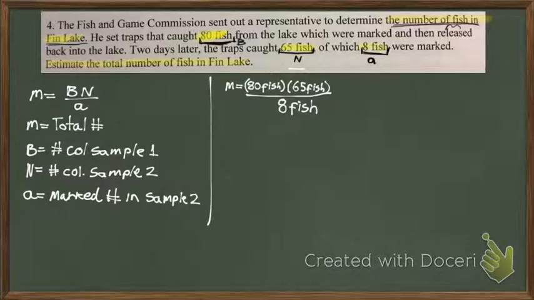Now all of our variables are filled in this equation except for one, M, and so we can go ahead and solve to determine the total number of fish in the lake, M.